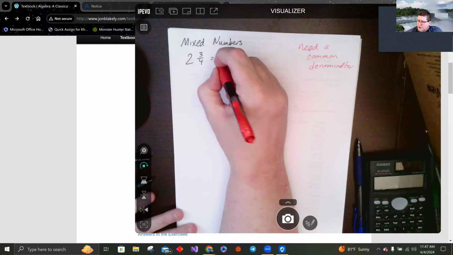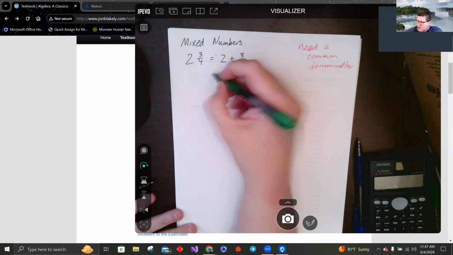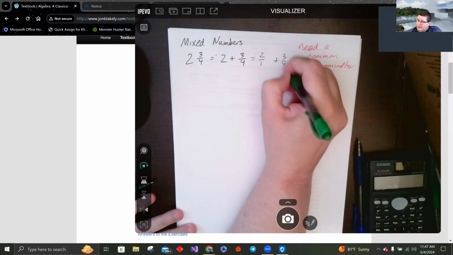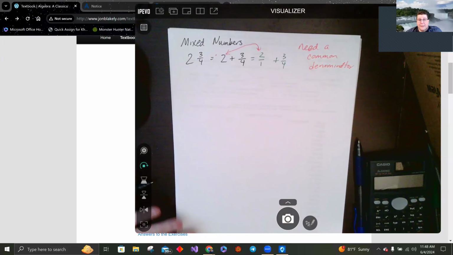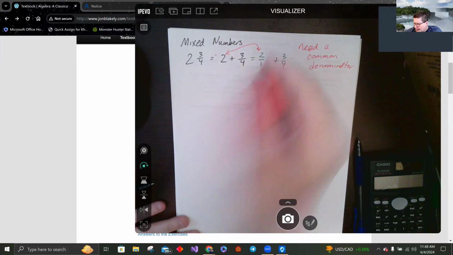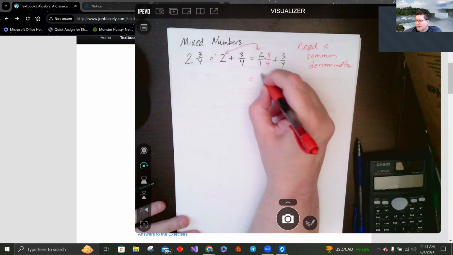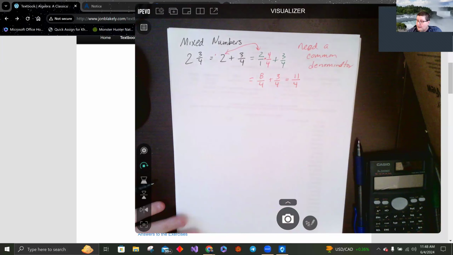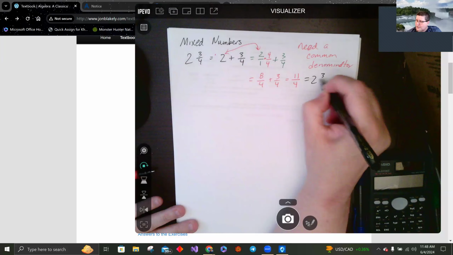So I will multiply the 2, which is the same as 2 over 1. So these two are identical because 2 divided by 1 is still just 2. But this allows me to write it as a fraction, and now I can multiply by the other denominator to get a common denominator. I have 8 over 4 plus 3 over 4, which is 11 over 4. So 2 3/4 equals 11 over 4.